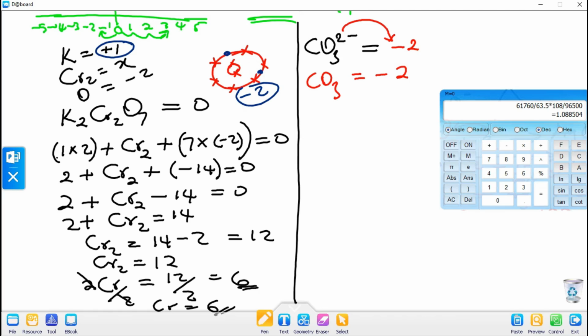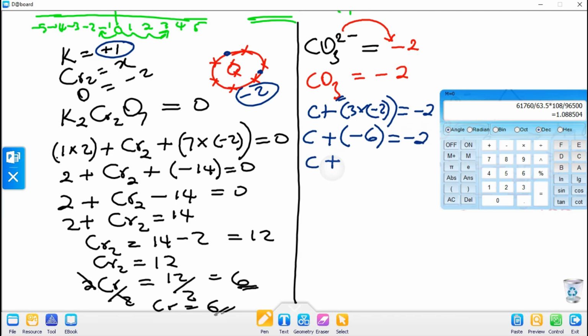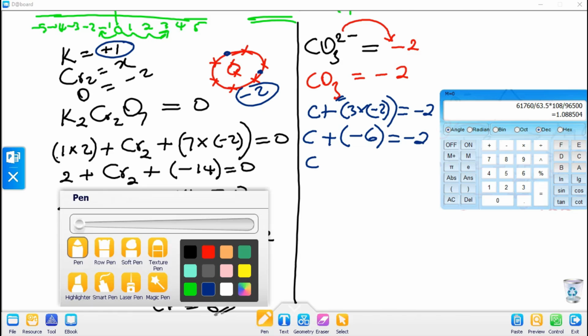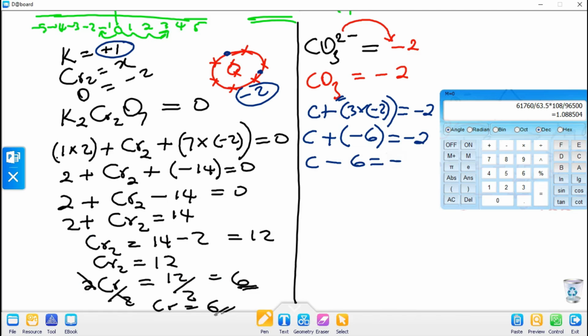So now we are looking for the oxidation state of carbon. Oxygen is -2, we know. So this is going to be C plus, since oxygen has oxidation state of -2, but there are 3 oxygens there, so this is going to be 3 times -2. Close the bracket, all equal to -2. So this is going to be C plus 3 times -2, which is -6, all equals to -2. So this will be C - 6 equals -2.